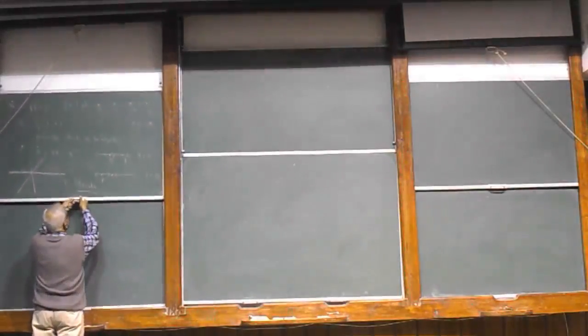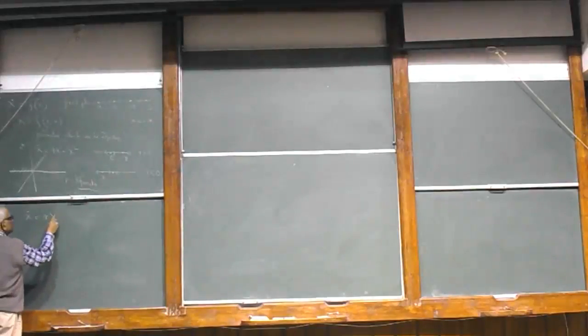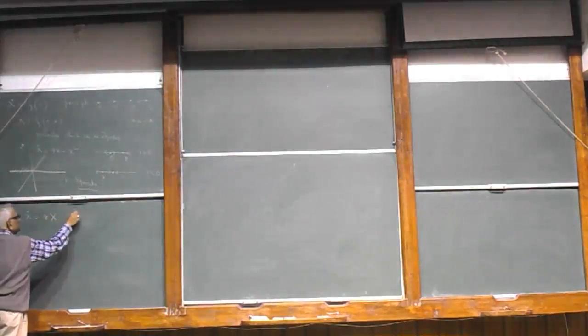So we'll go to the next example where x dot is now r times x minus x cubed. So if x squared is present, then of course there would be behavior which is going to be somewhat of this kind.